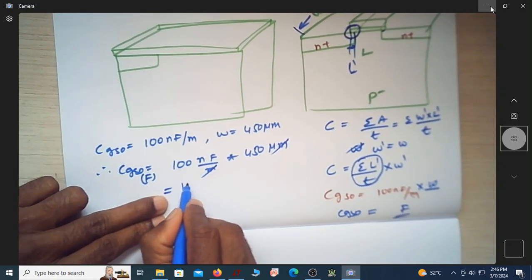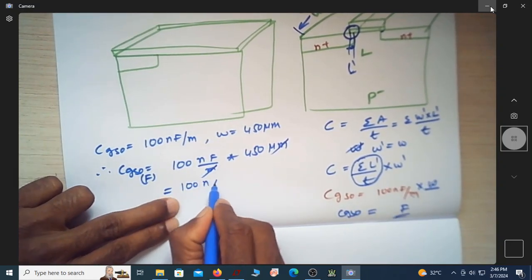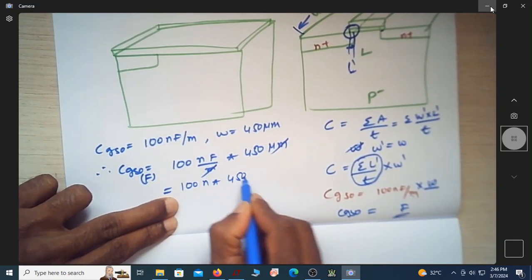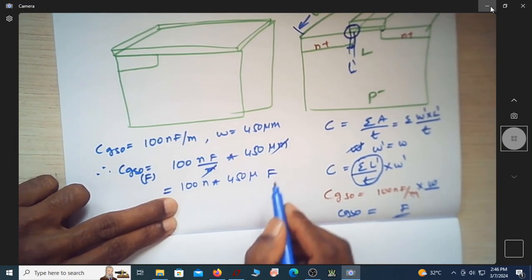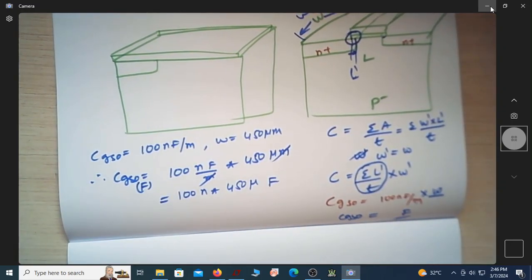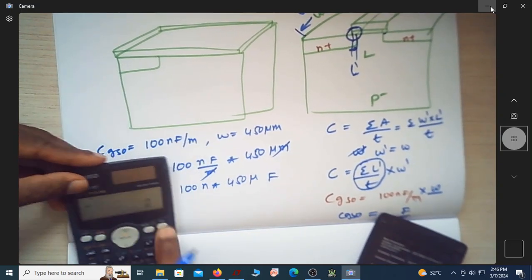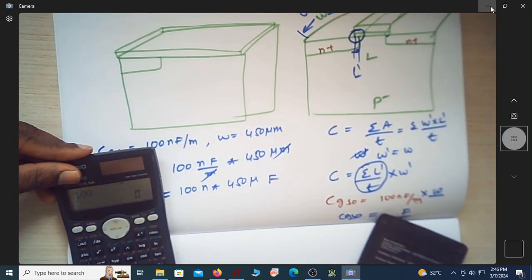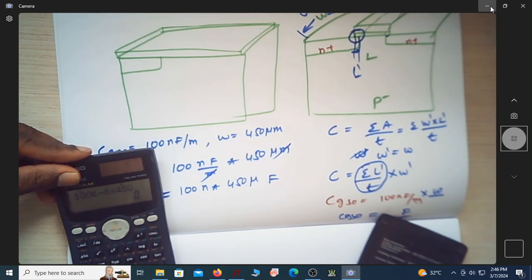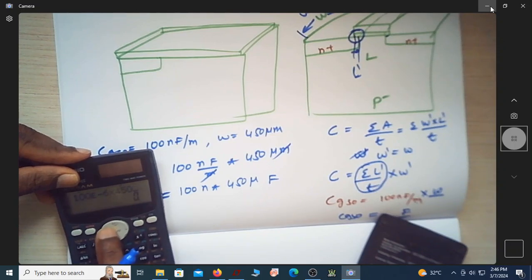So it is 100 exponential minus 9 into 450 exponential minus 6.